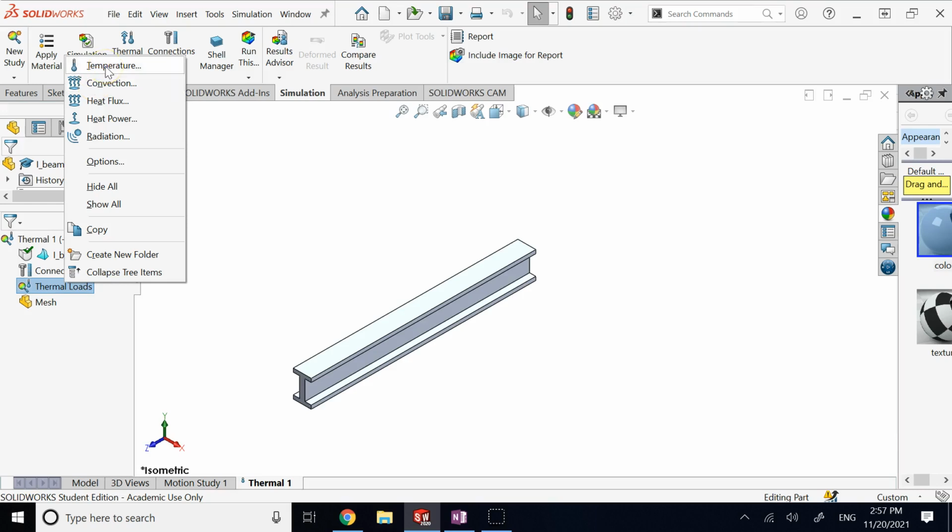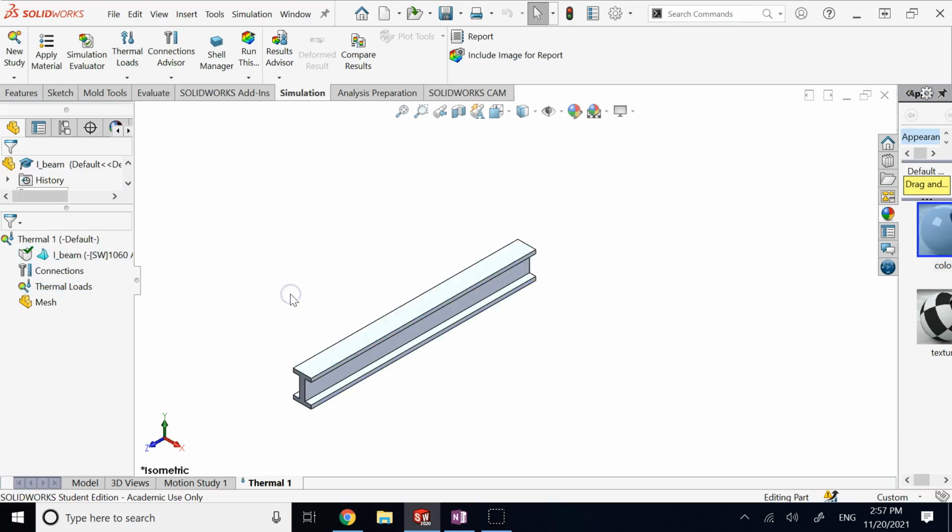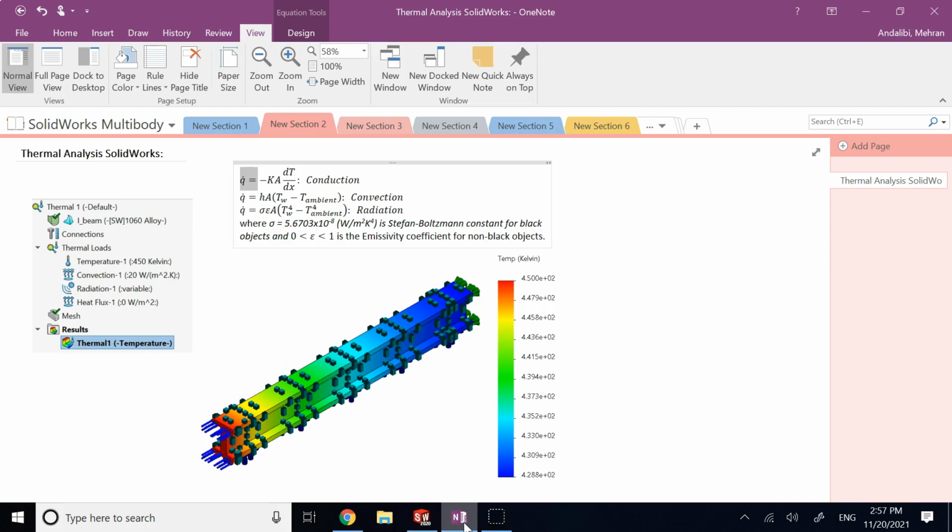And this is like constant temperature somewhere, right? So you might say, okay, what's the use of heat flux? Well, if I make heat flux to be zero on a specific face like this, what's the meaning of this? If there is no heat coming in and going out of a surface, what does it mean? It means that surface is sealed, insulated, right?